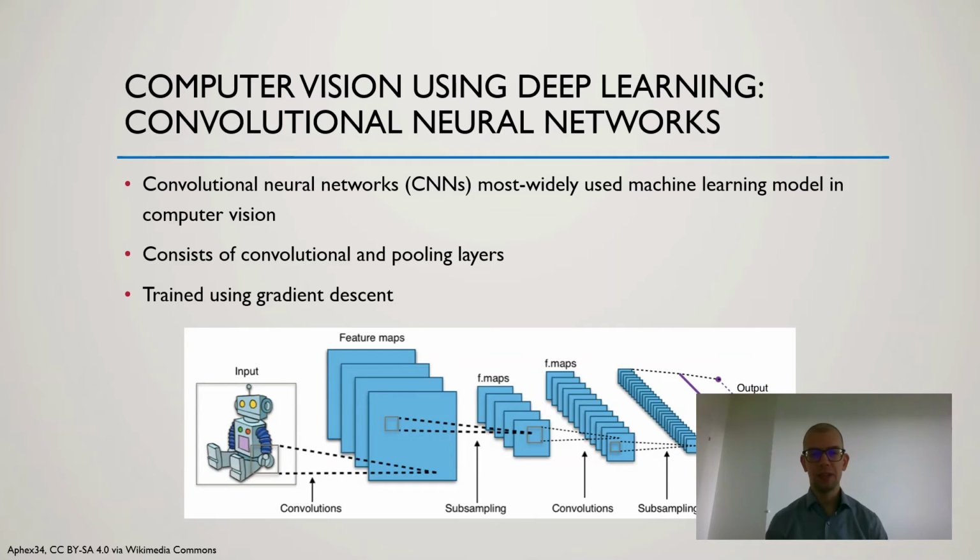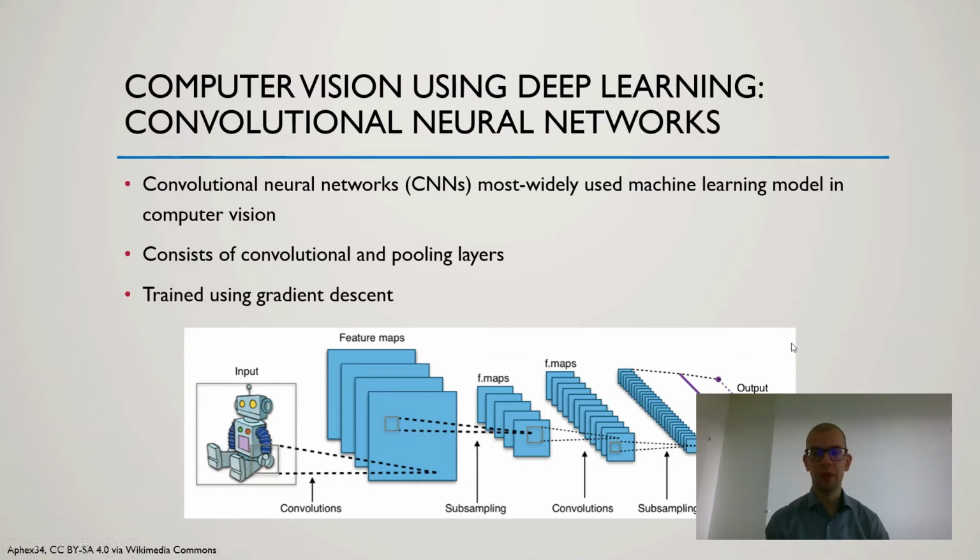As you see in the image here, you have basically 2 kinds of operations. You have convolutions, and these convolutions are usually followed by what they call subsampling or pooling. And again, convolution, subsampling, and then you have something called a fully connected layer, which basically collapses the image into the final output.